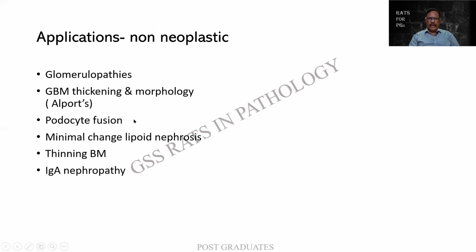Podocyte fusion, as in the case of minimal change disease. In some diseases, you find that there can be a thinning. Also, IgA nephropathy and other conditions can be diagnosed by the usage of electron microscopy. These are some non-neoplastic conditions, most of which are again restricted to the kidney.